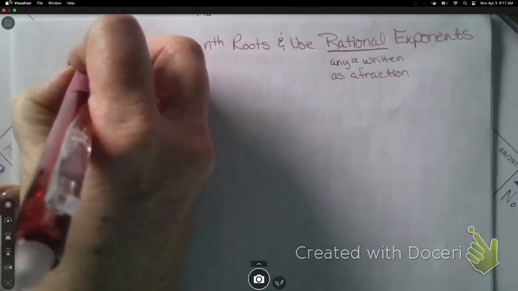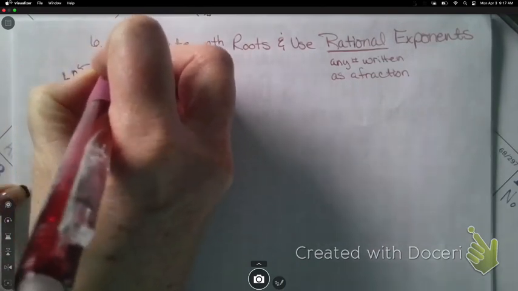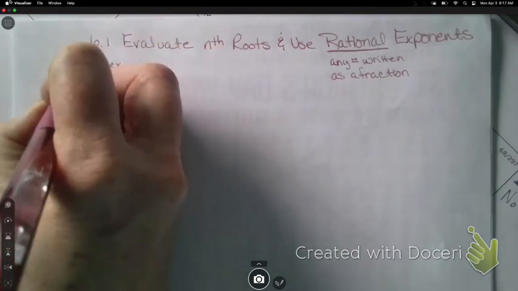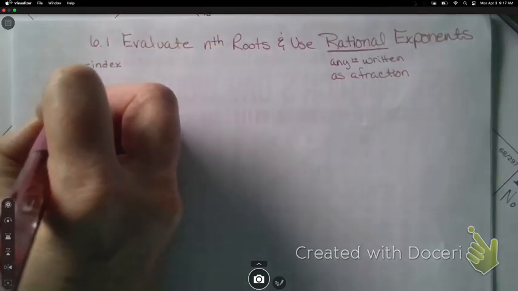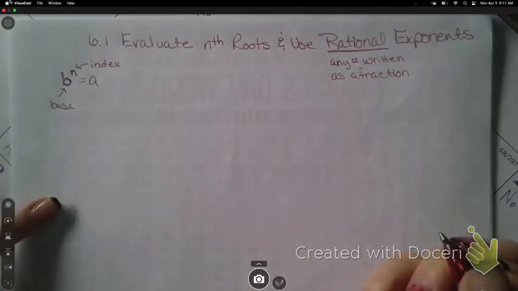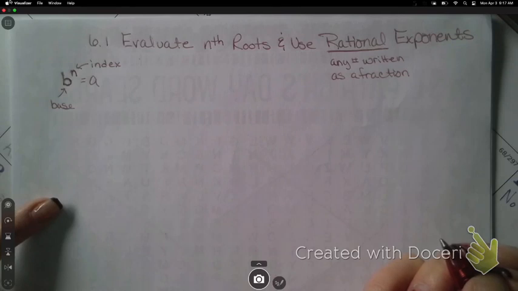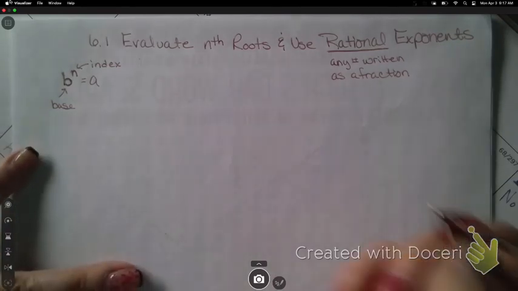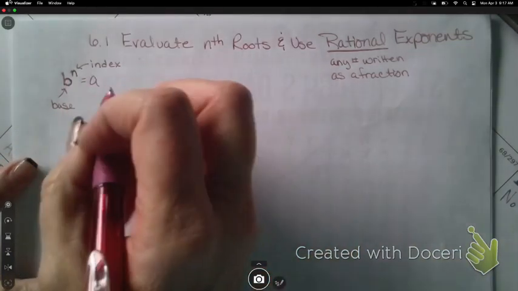N is the index. B is the base of the exponent. And A is the answer, right? So this is a normal exponential function that you've seen.